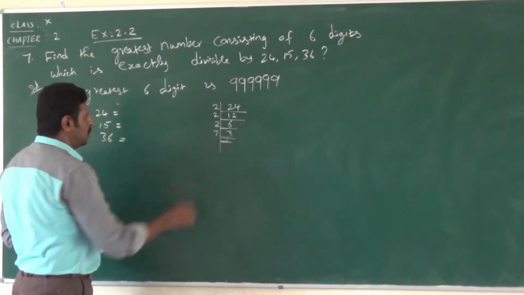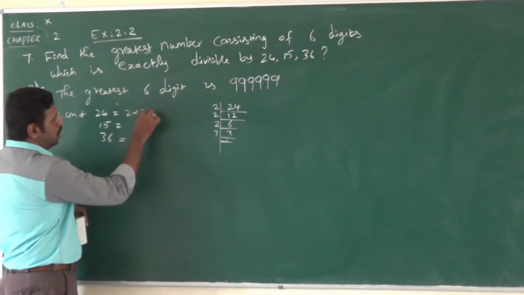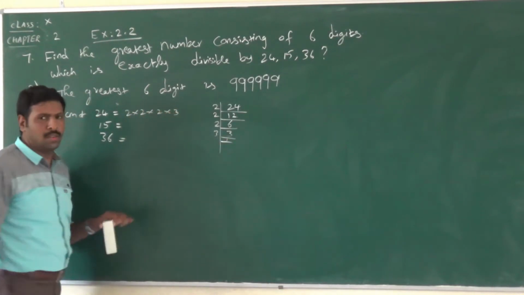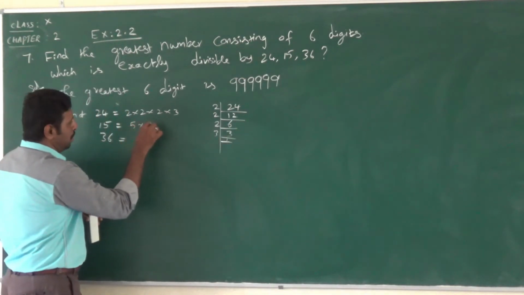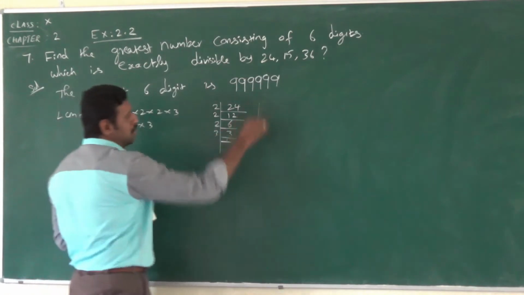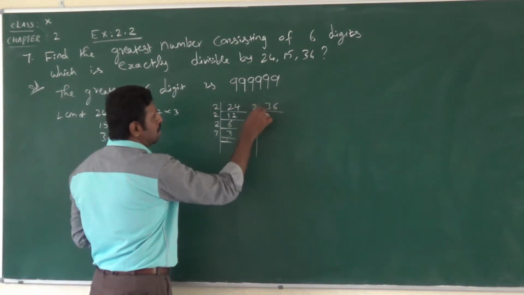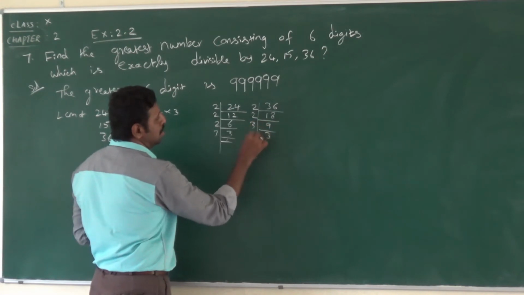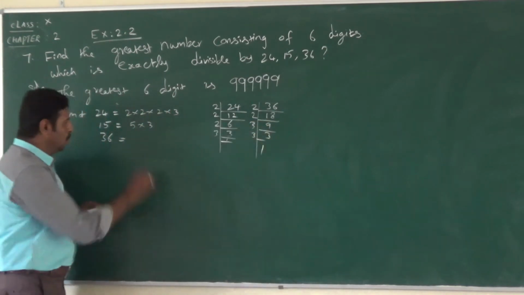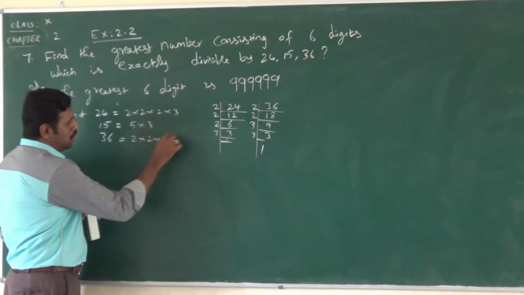So we get 1. So it is 2 into 2 into 2 into 3, the factors of 24, right? Then 15: 5 3s are 15. And then 36 we have the factors 2, 18, again 2, 9, 3, 3, 3, 1. So 2 into 2 into 3 into 3.